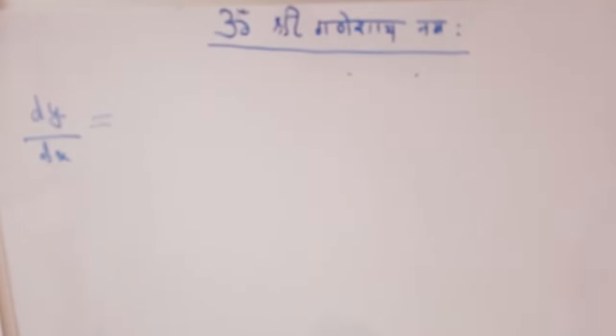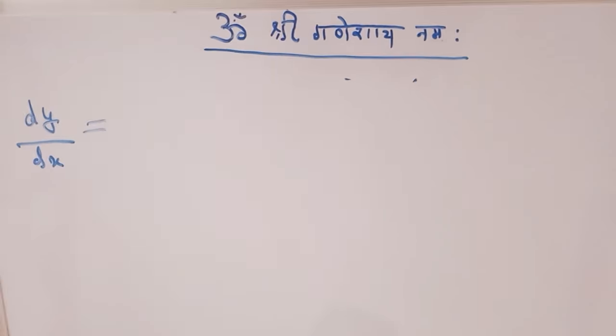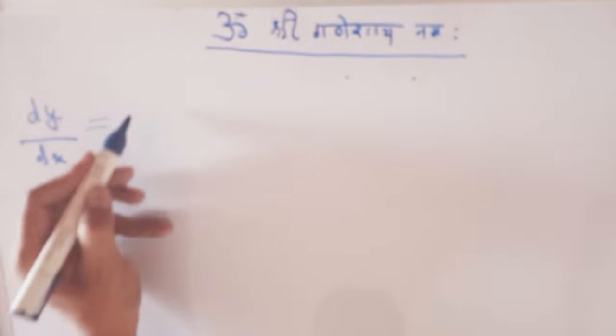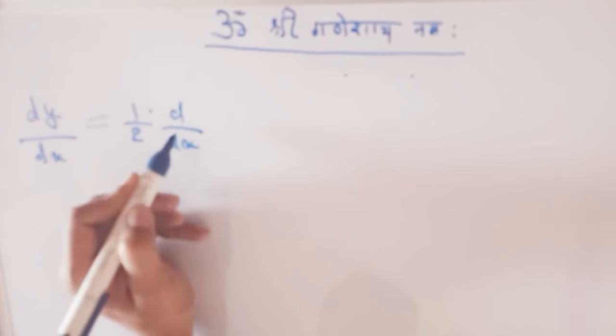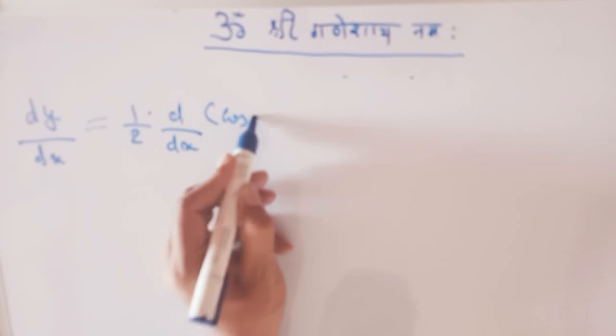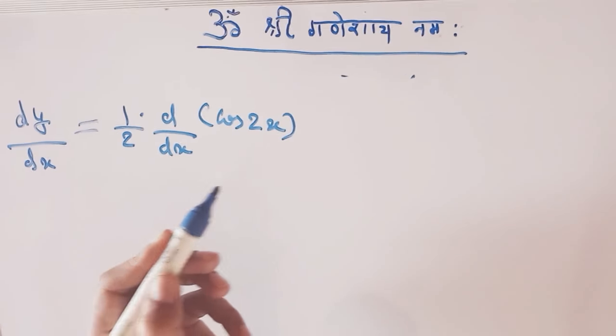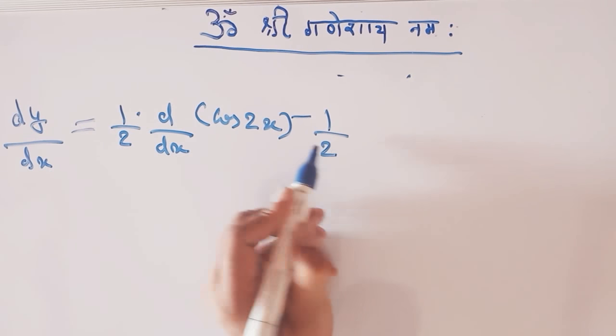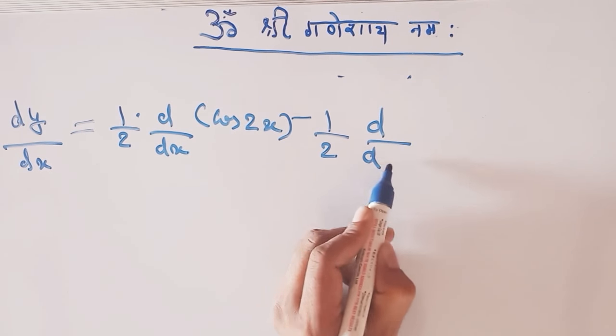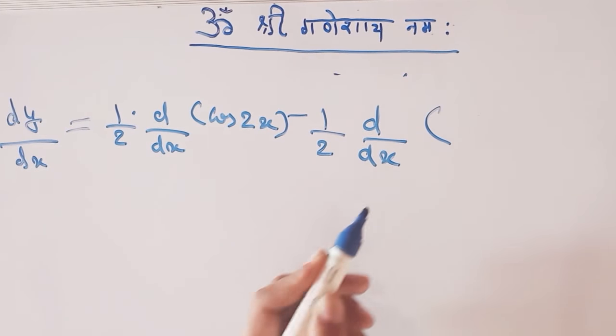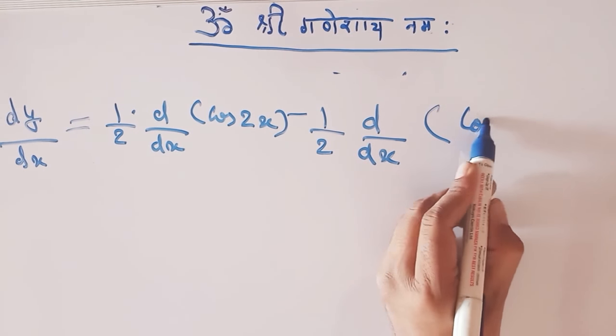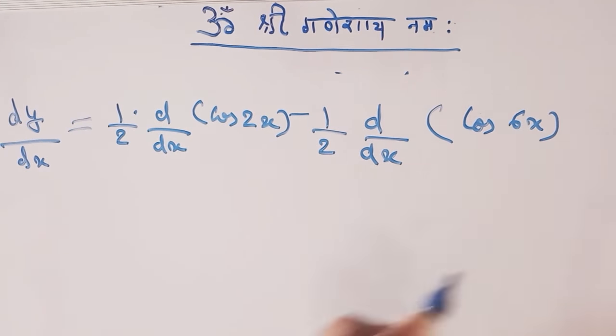dy upon dx will be half of d upon dx of cos 2x minus half of d upon dx of cos 6x.